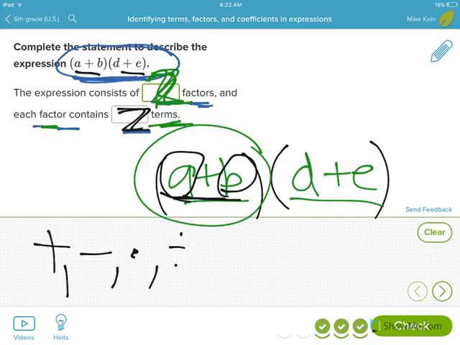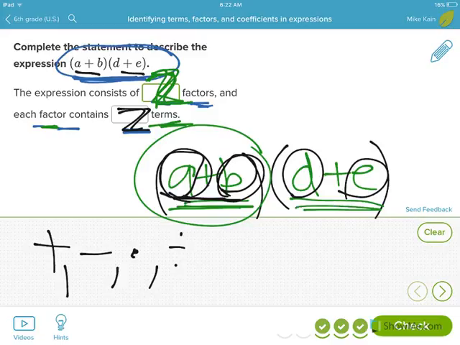Now if it asked you how many terms were in the entire expression, you just count up 1, 2, 3, 4, because there's 4 things being separated by addition or subtraction. However, it's kind of confusing because you could really say that the expression has 2 terms because these are grouped. So that can be a confusing part too. But we'll cross that bridge when we get there. All right, don't confuse me now.